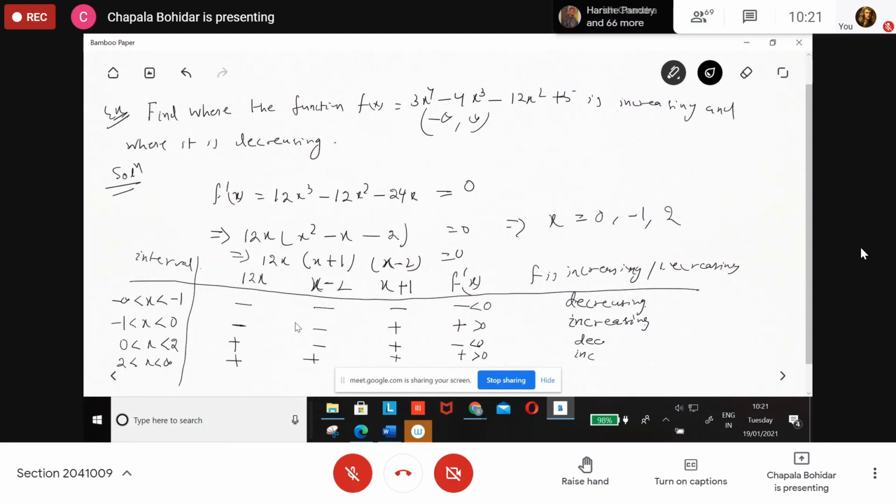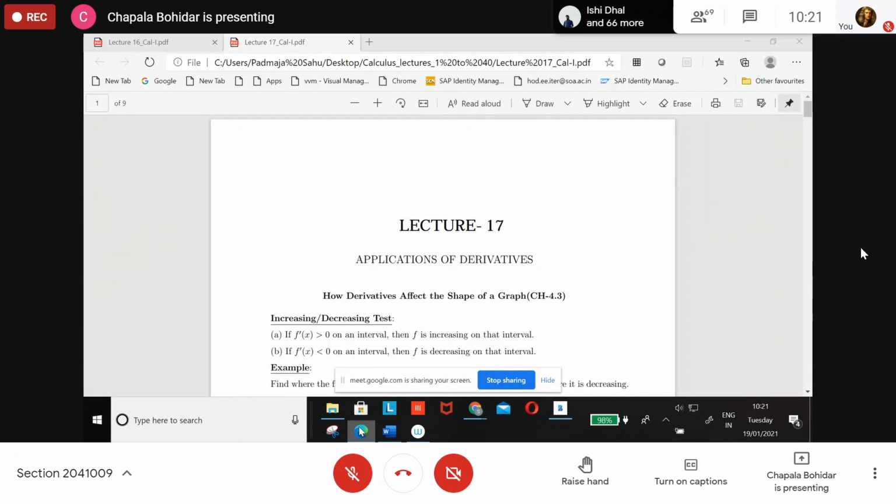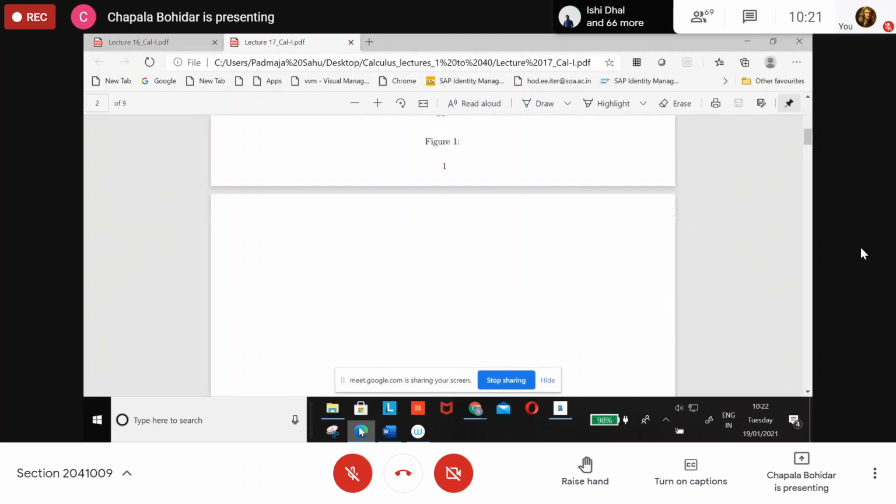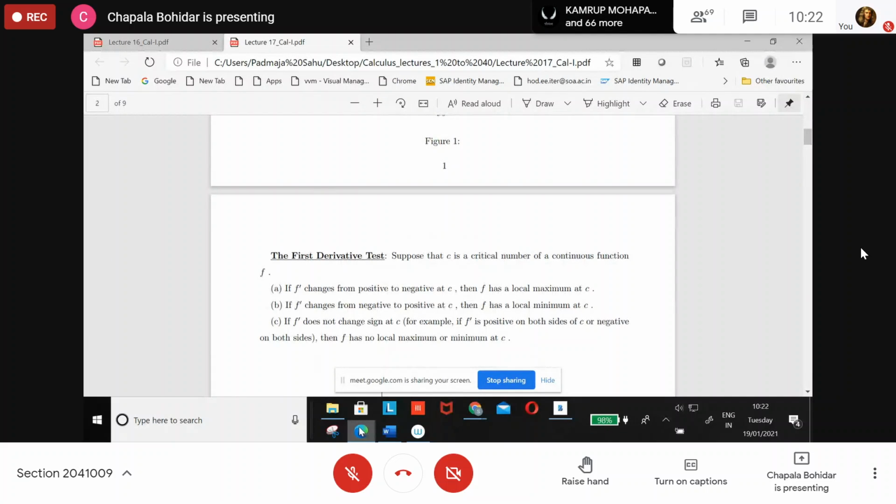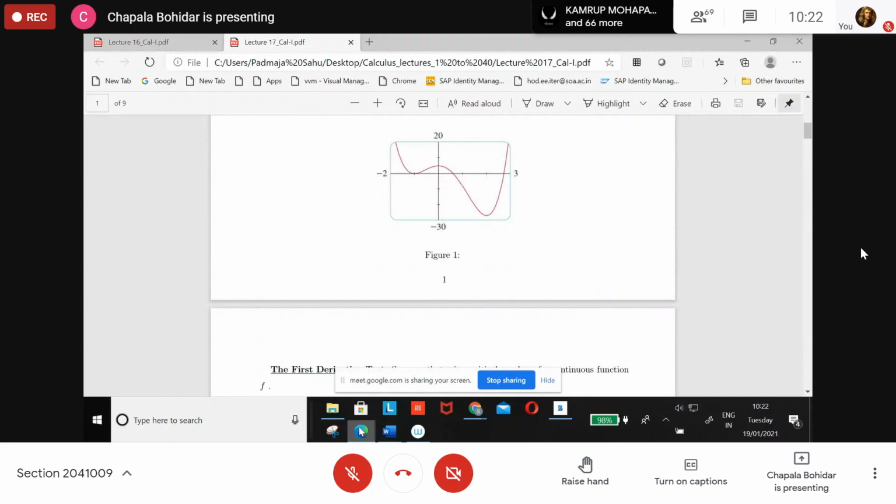And if you want to see the graph of that decreasing, increasing, let us come to this here. See, it is decreasing, then it touches 1, then it is increasing, then again decreasing, and again increasing. Clear?